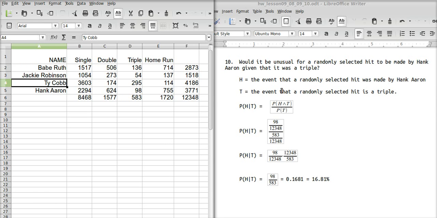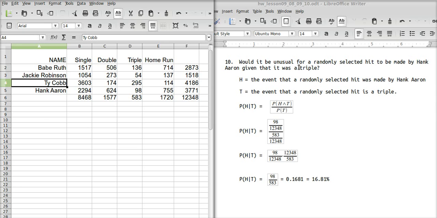On the bottom, we want the probability that a randomly selected hit is a triple. So again, we're going to go to where we added up all the triples, and we got 583. So that probability would be 583 divided by 12,348. And again, we are dividing fractions, so we would invert the bottom one, multiply and cancel, getting 98 over 583.